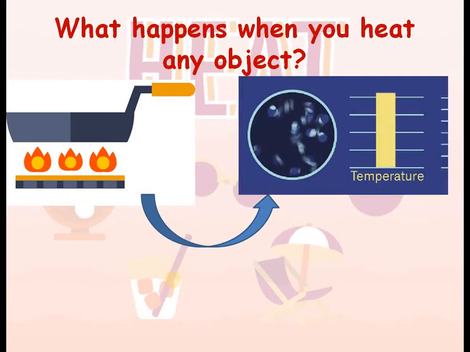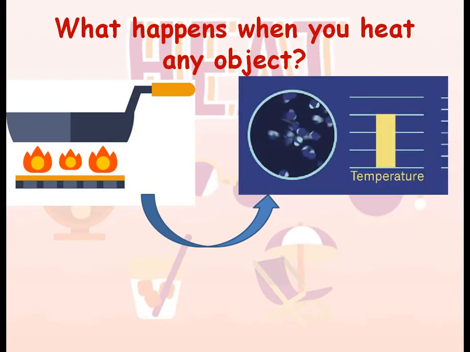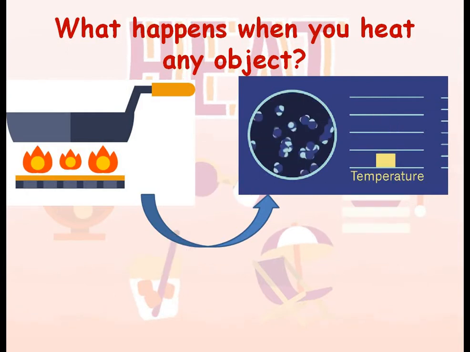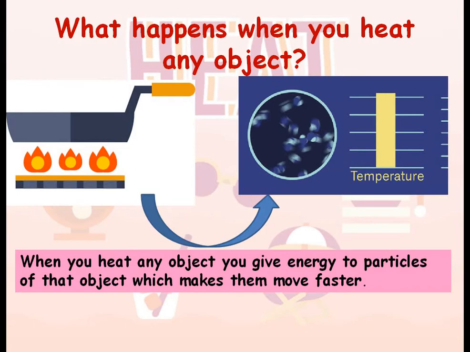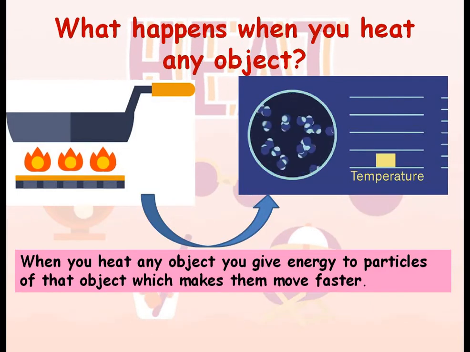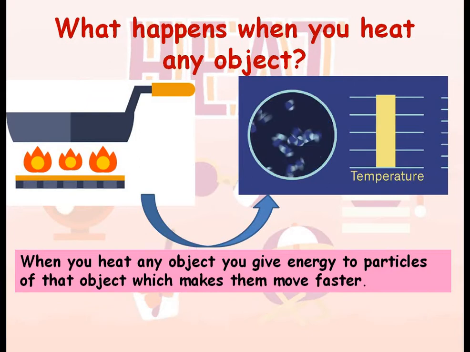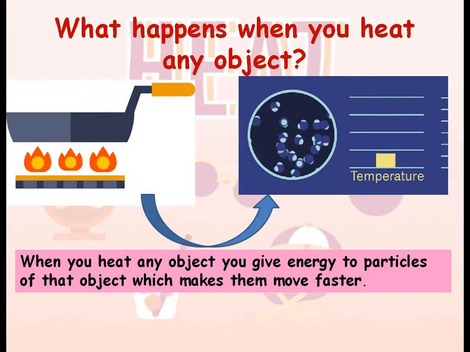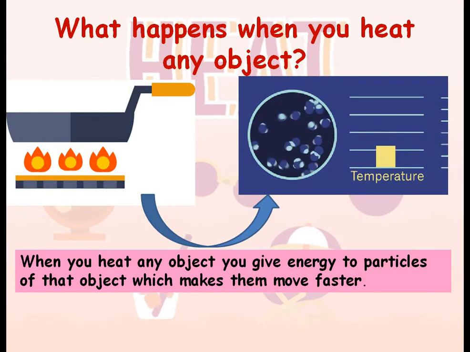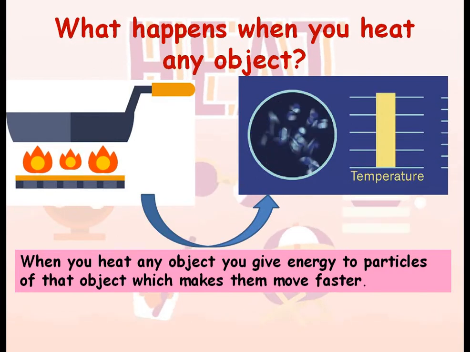When we heat any object, we provide energy to the particles of that object. Like here we have a frying pan, and this energy makes these particles move faster.